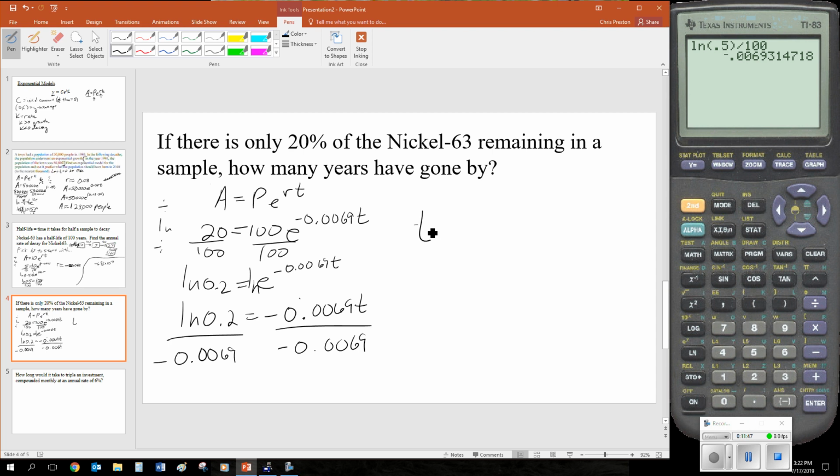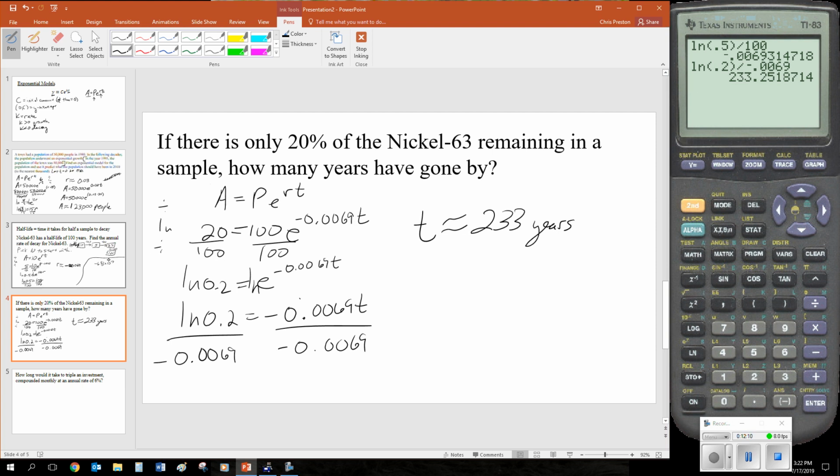Okay, and t is approximately, let's see, natural log of 0.2, divided by negative 0.0069, and it looks like it's about 233 years.